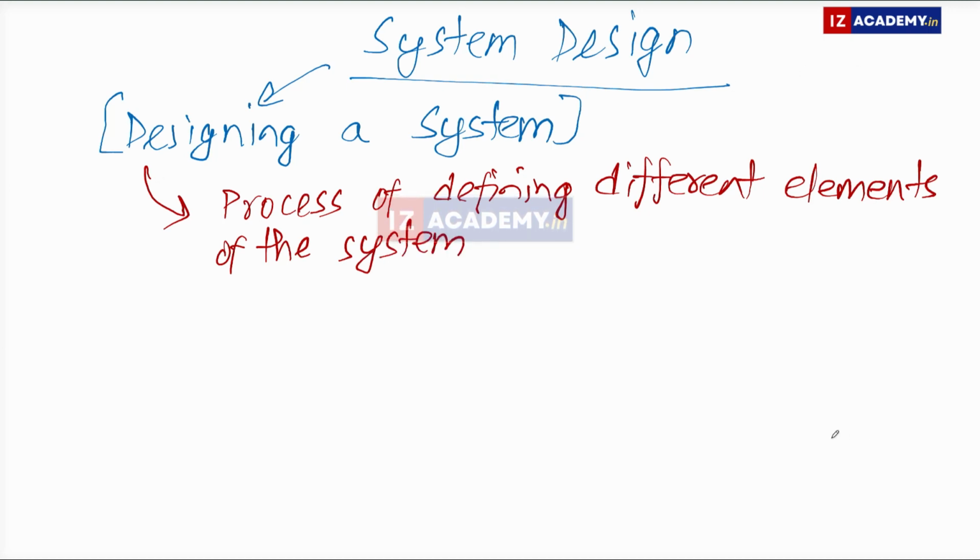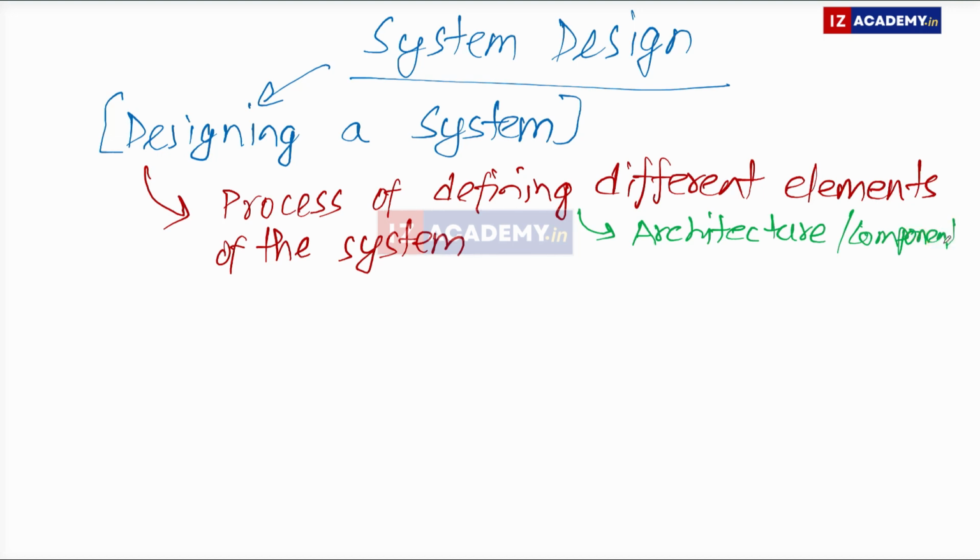And when we say different elements, what can be the different parts of the system? The different parts of the system can be its architecture, the different components, and the different modules that the system is built on.